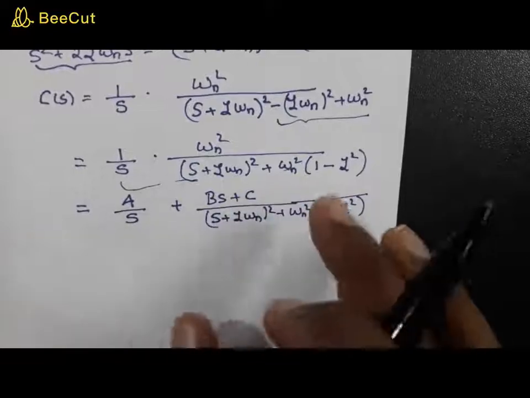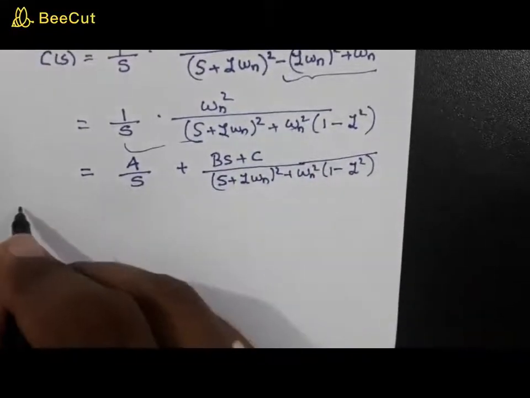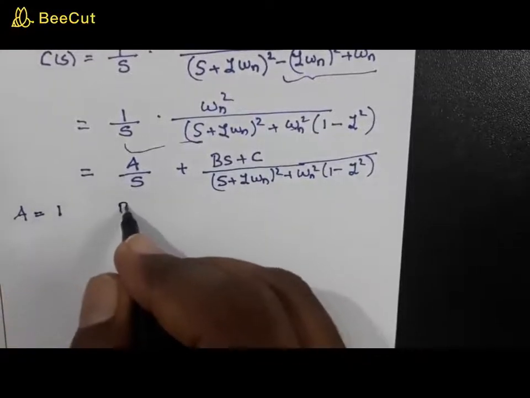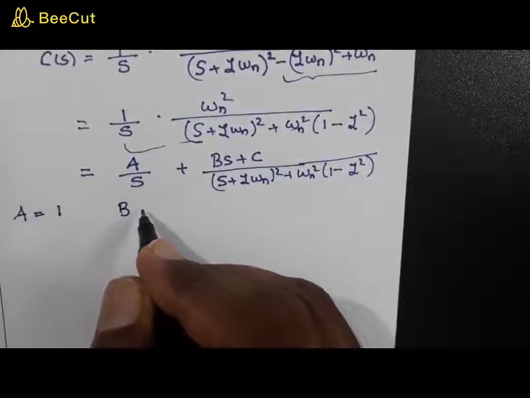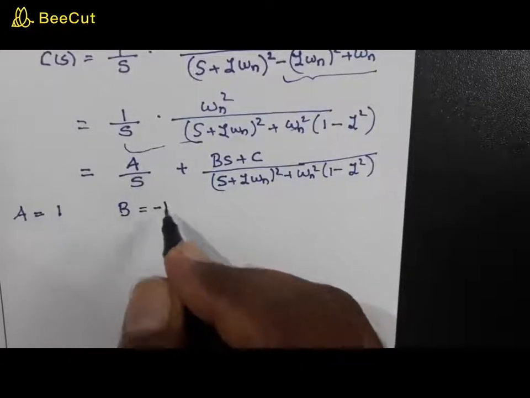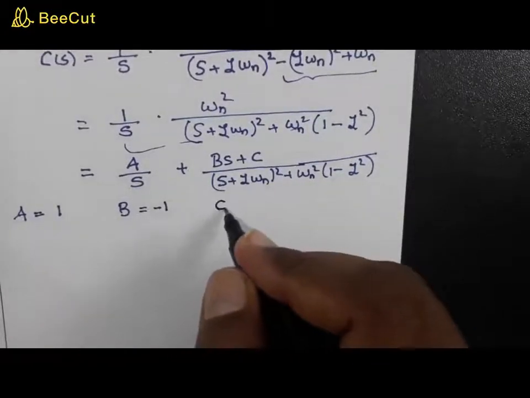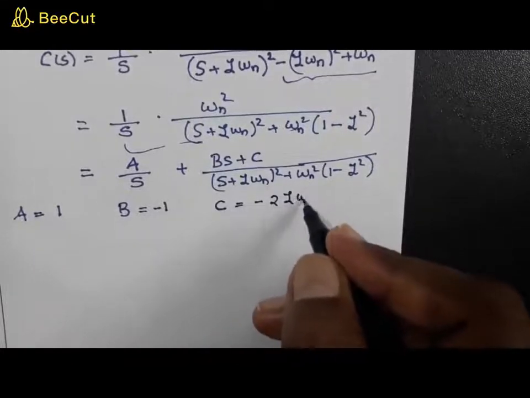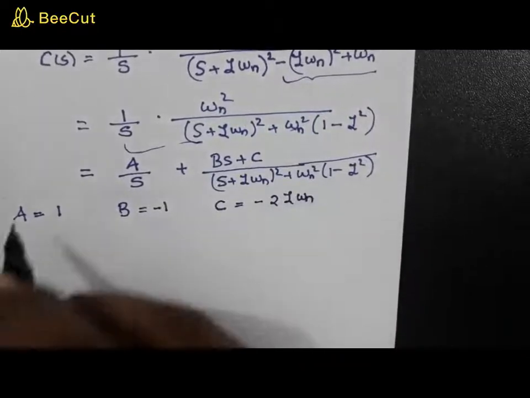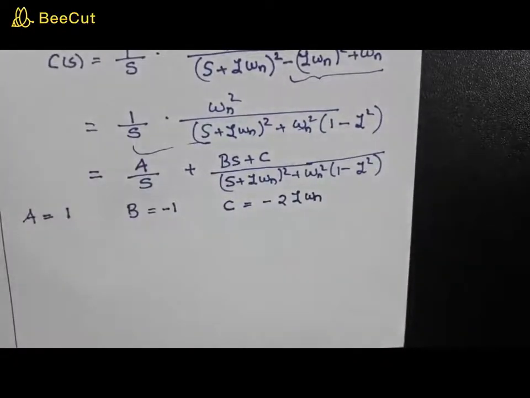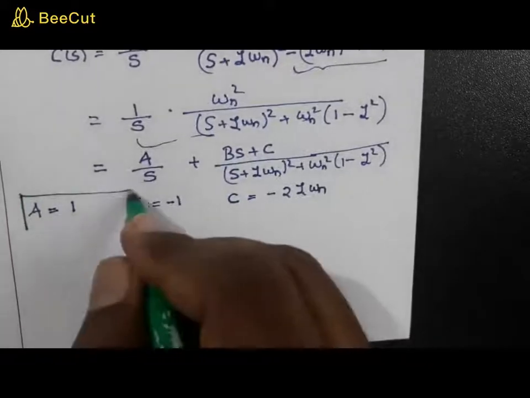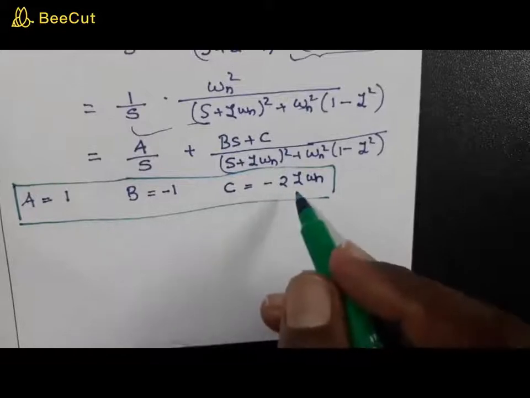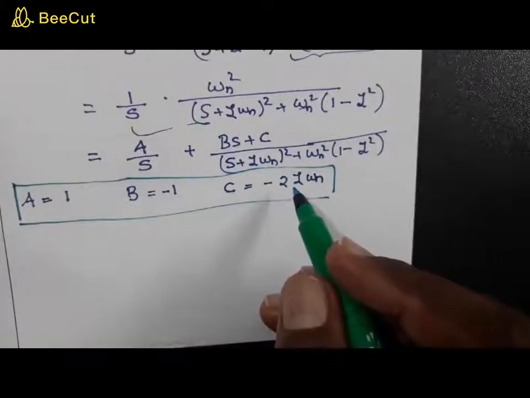You can do the rest of the thing by yourself, and you will be getting A equal to 1, B as minus 1, and C as minus 2 theta omega n. You may just do it by yourself to check whether you get these values: A is equal to 1, B is equal to minus 1, C is equal to minus 2 theta omega n.